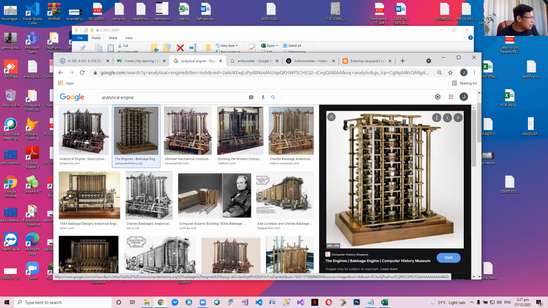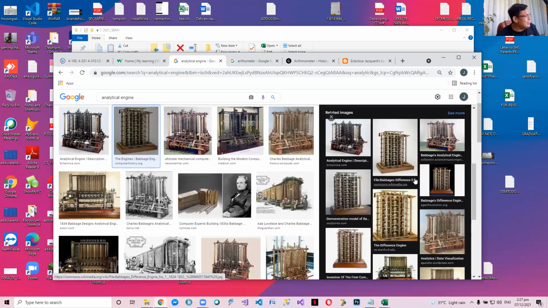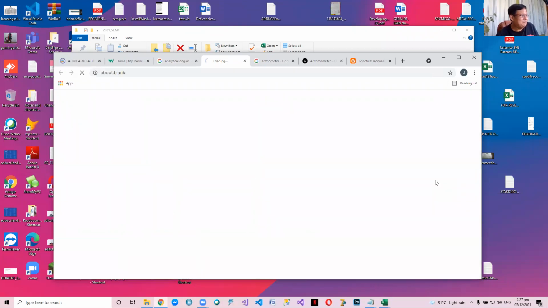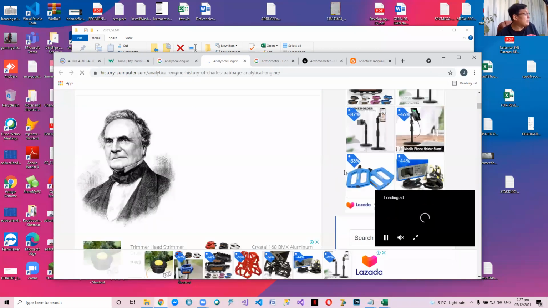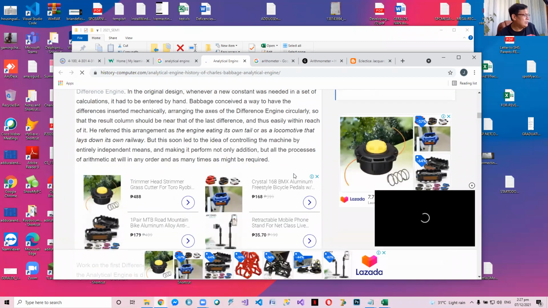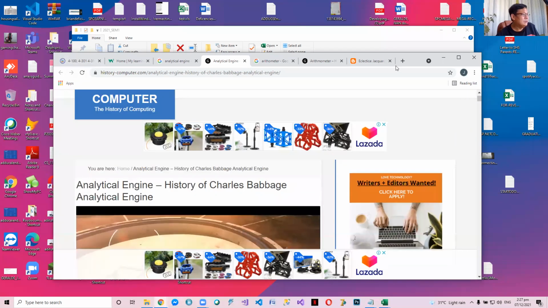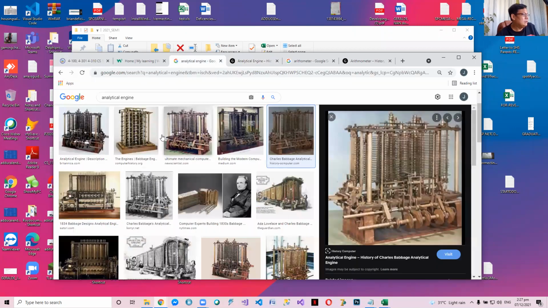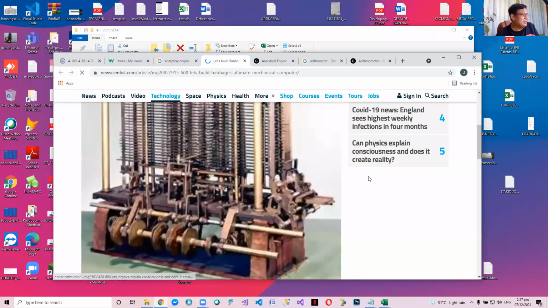They implemented it. I'm not sure who implemented this, but this is from the US. Even in the 1990s, there were inventions implementing Charles Babbage's analytical engine. So these are modern implementations.